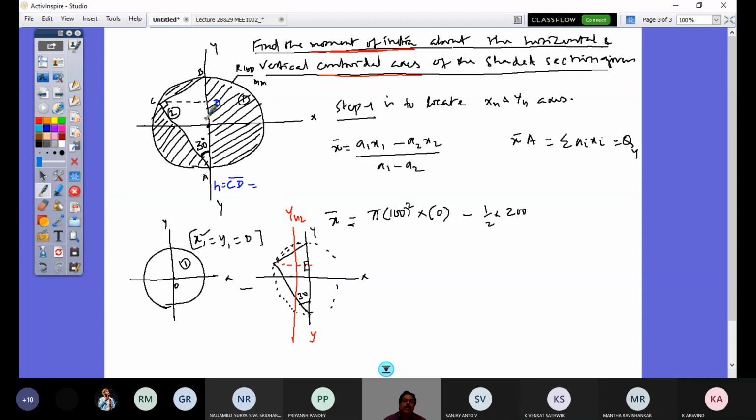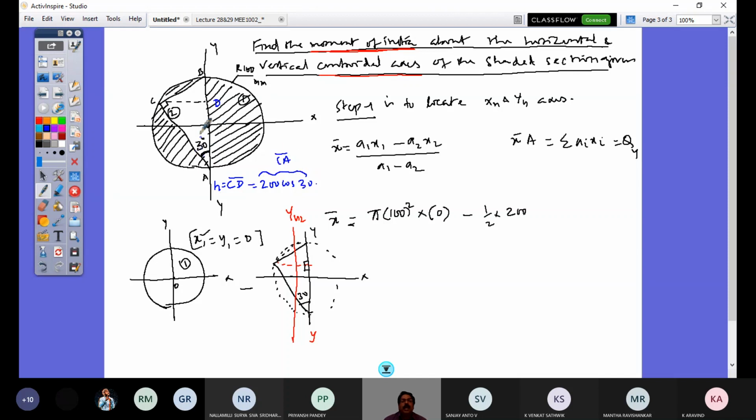How do I get C? Since it is a right angle, 200 cos 30, if I do, I'll get AC. At that, I will project, that is sin 30. So it is 200 cos 30 into 200 cos 30 gives me what? CA. So this distance, this is CA.